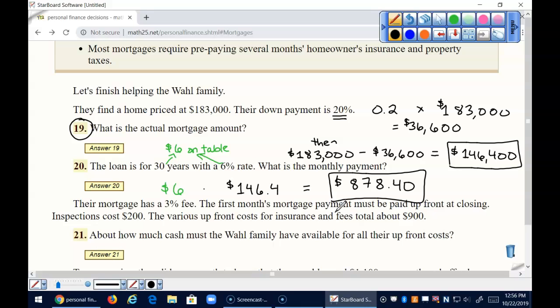Okay, the mortgage has a 3% fee. Let's think about that. So 3% fee, so 0.03 times the 146,400.